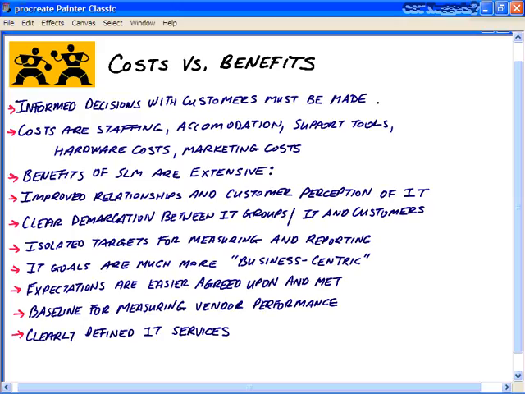Therefore, the lines of communication, the communication channels between you and your customers, between the service providing and the customer service, must be free-flowing and more than adequate.